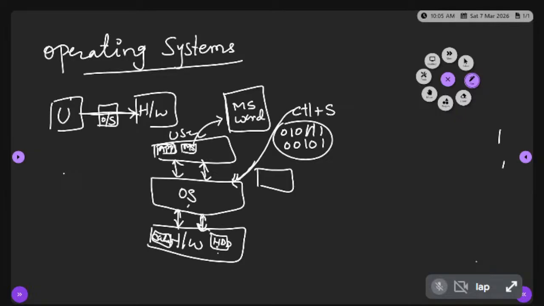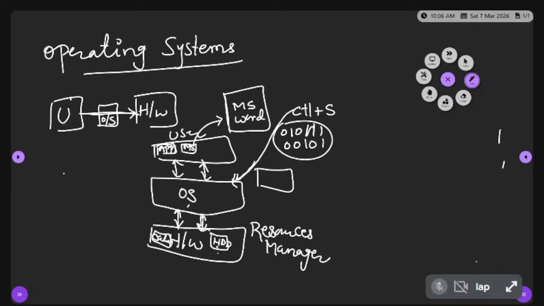In the same way, the operating system is a manager, whose responsibility is to maintain the hardware components. These hardware components are resources, so the operating system is also called a resource manager.